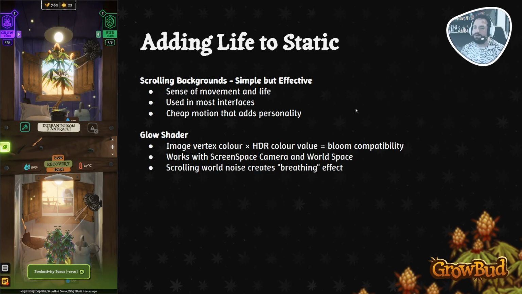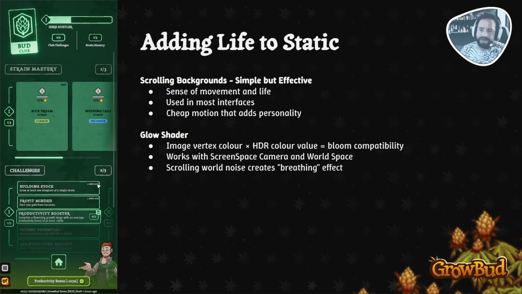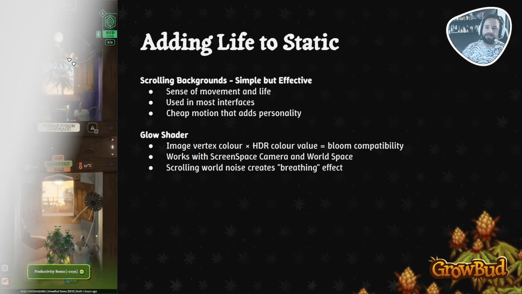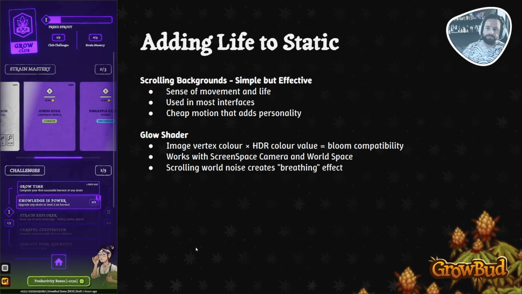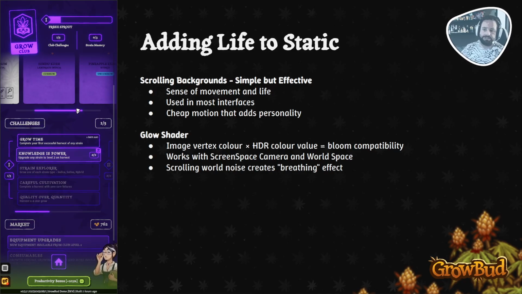Then, yeah, the next point, adding life to static. So the scrolling backgrounds, as I showed you in the intro there, simple and effective. On each of the major interfaces, there's always some movement happening somewhere. There's the background just gently scrolling across there. There's also those little sheen effects on any new strains that you might not have played around with yet. So that's also drawing attention.